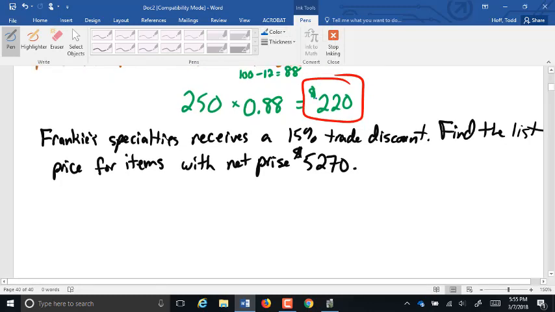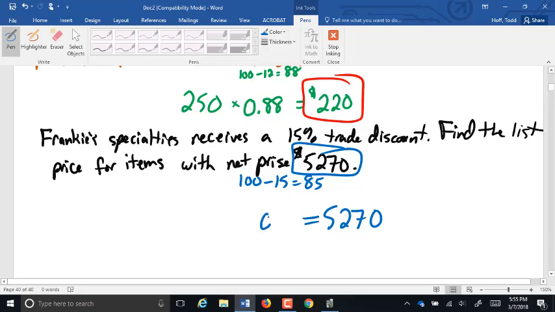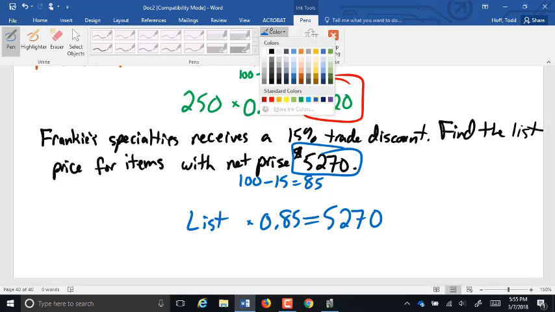So now this one, we're given the net price. That's the last amount. What is our net price rate? Well, we have a 15% discount. 100 minus 15% is 85. So that's 0.85 that goes in there. And it's going to be the list price that we're looking for now.